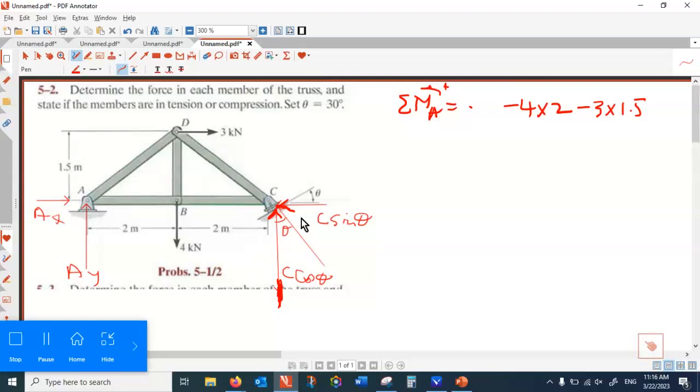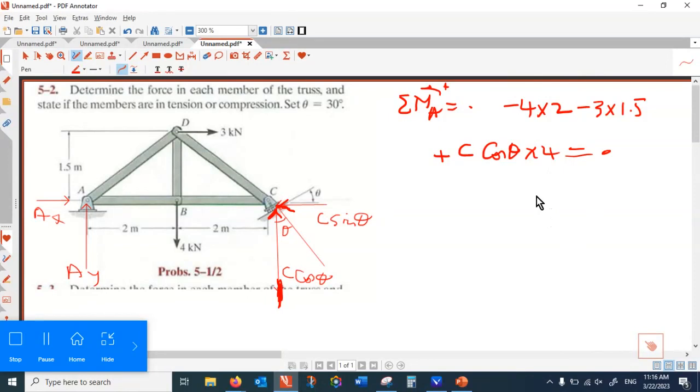The vertical component makes a positive rotation, that is plus C cos theta multiplied by 4. And then the horizontal one doesn't make any rotation because it's passing through A. Did I miss any force? I think I included all. That is equal to 0.